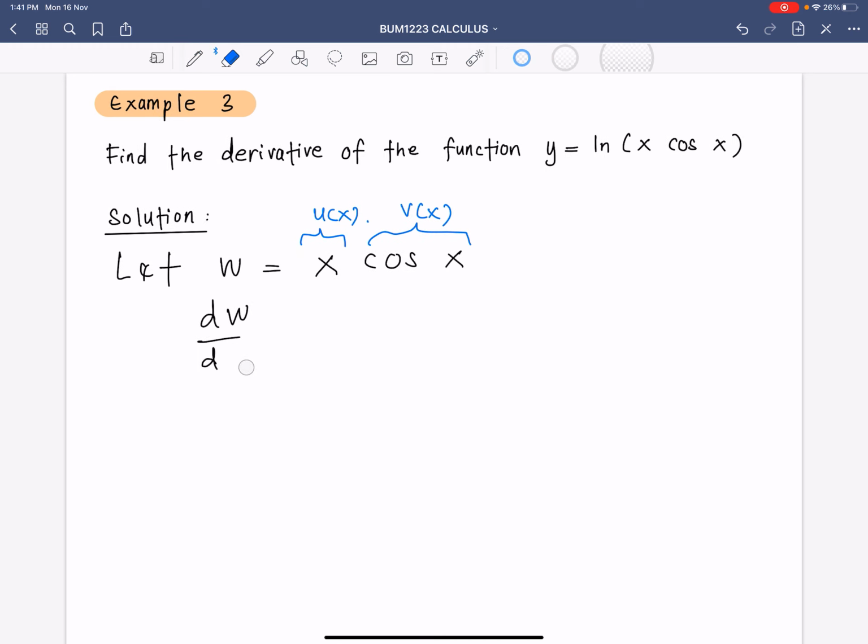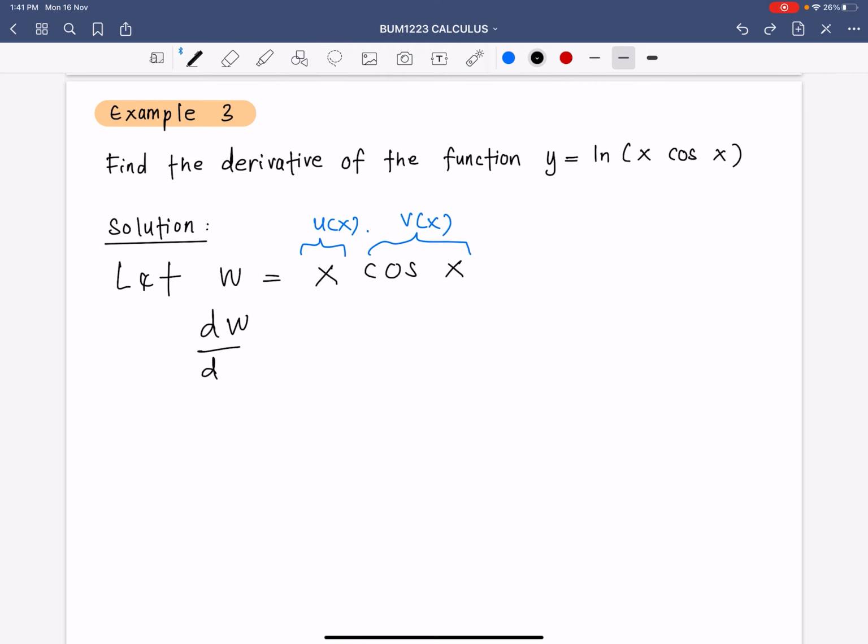So what will happen? Then dw dx equals uv prime plus vu prime, where we know that our u equals x, then u prime equals 1, v equals cos x, thus v prime equals negative sine x.